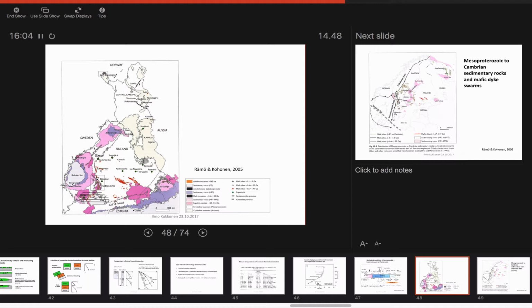You can think of the Bothnian Bay as a kind of sedimentary basin, because it has not only these Precambrian sediments, it has also younger sediments up to about the Mesozoic. Reflection seismic data suggests that the thickness of the sedimentary rocks is maybe about 5 kilometers.